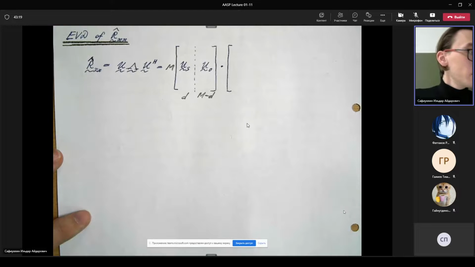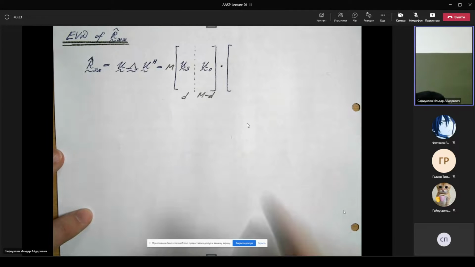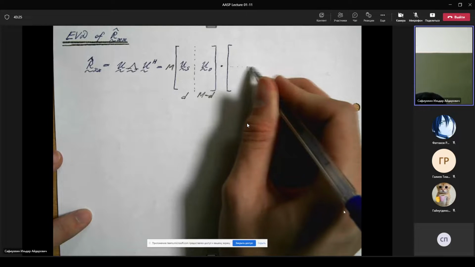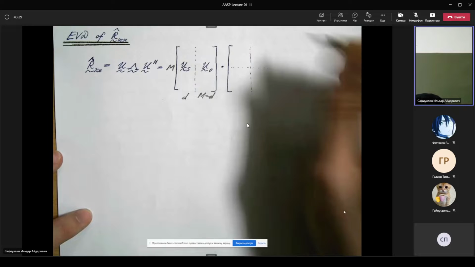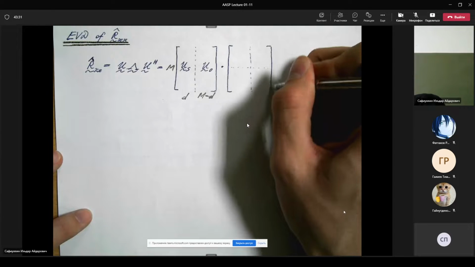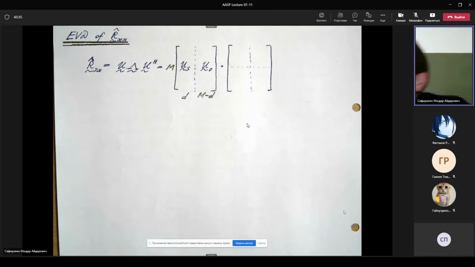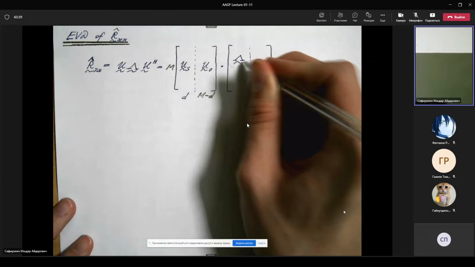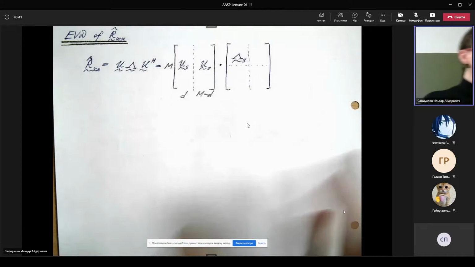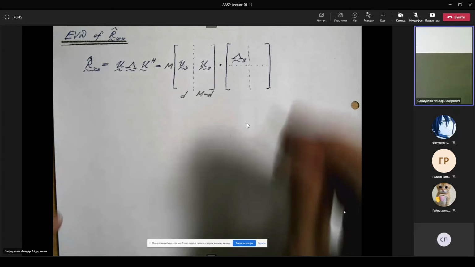Now we will divide this eigenvalue matrix into two different parts. The first one is lambda subscript s, and the second part is lambda subscript 0.